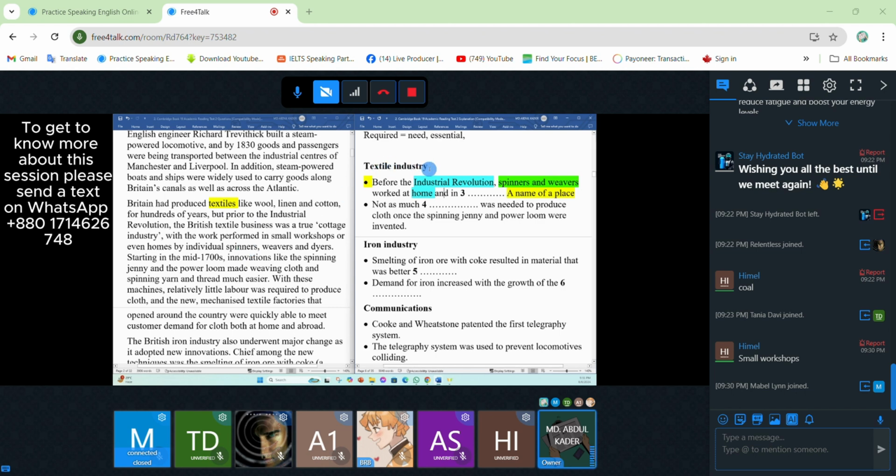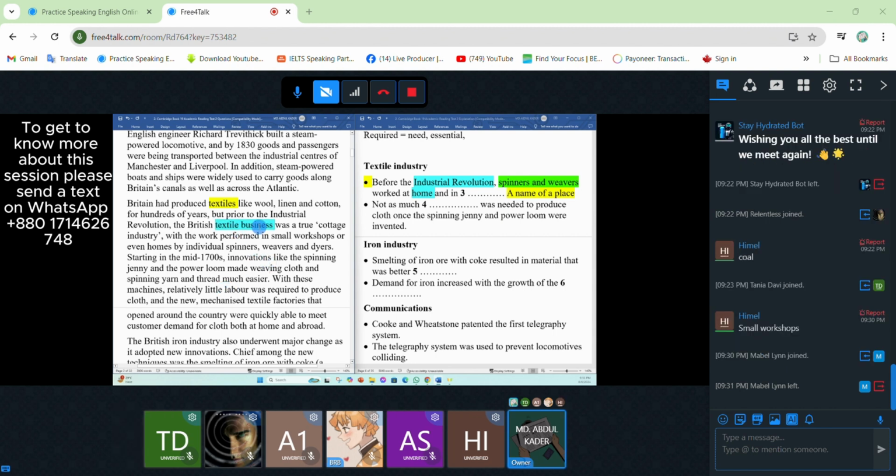Here, from the first line, textile industry, cotton. Yes, the British textile business, which means textile industry. We've got another two words, spinners and weavers and dyers.